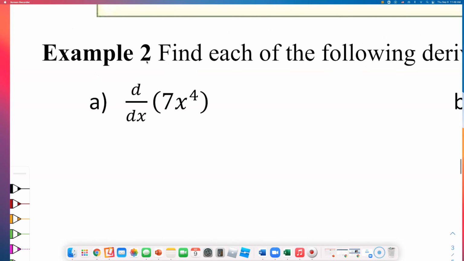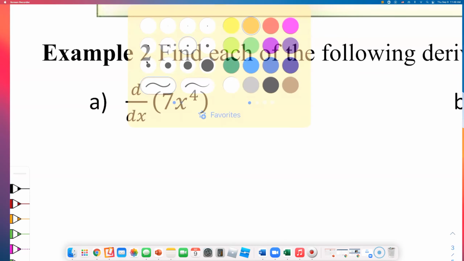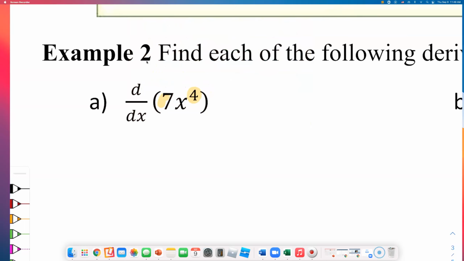So what do you do? You multiply the exponent by the coefficient. If you multiply those, you get 28, and you will write down x to the, now you have to go down one, okay? To 4, I'll write it down.